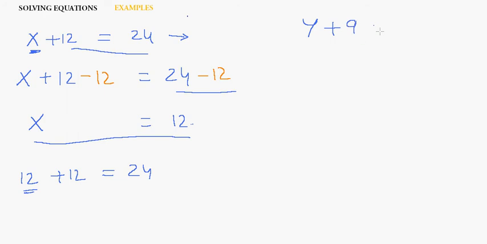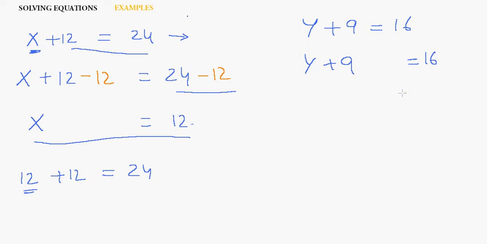y plus 9 equals 16 is another equation. Now y is being added 9, therefore subtract 9 from each side of the equation. y plus 9 equals 16 is the original equation.